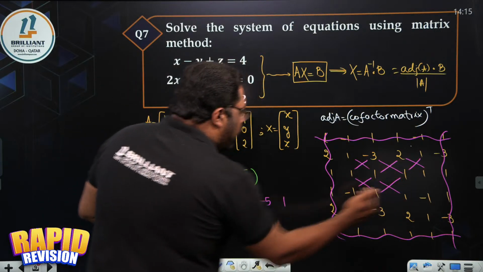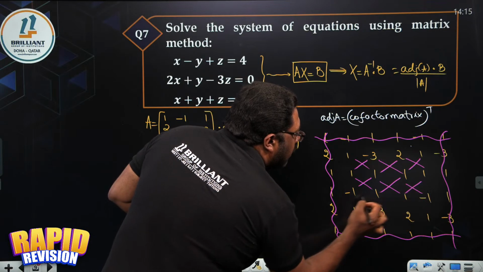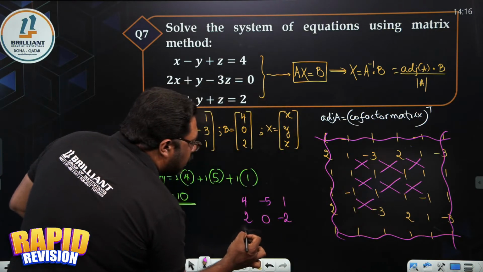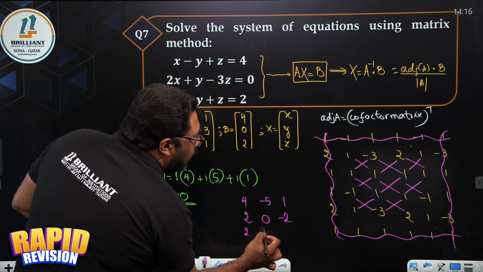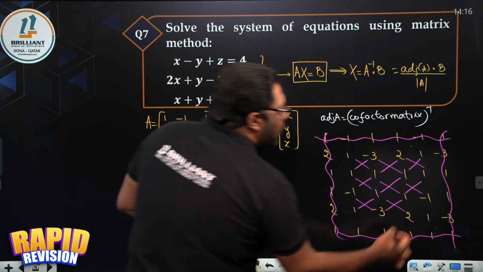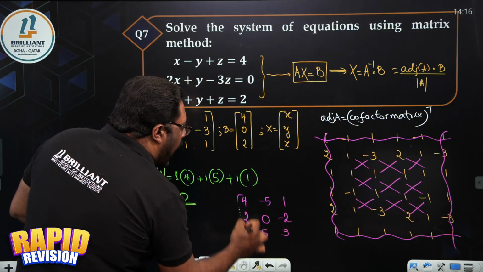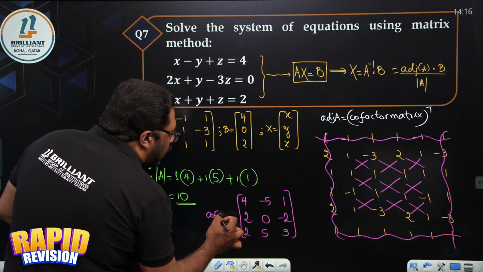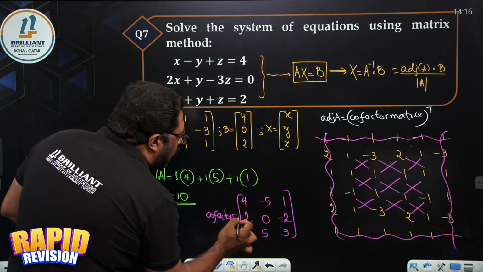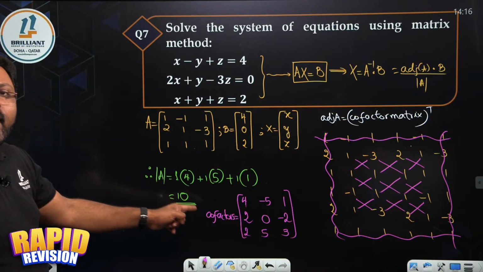So minus 1, minus 2. Then 3 minus 1, 2, then 2 minus 2 plus 3, 5, and then 1 plus 2, 3. So I did not bother about the sign. I simply cross multiplied and I got the cofactors.